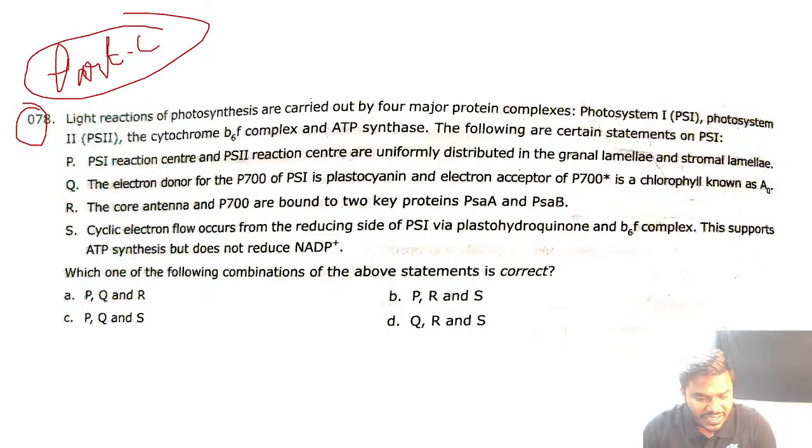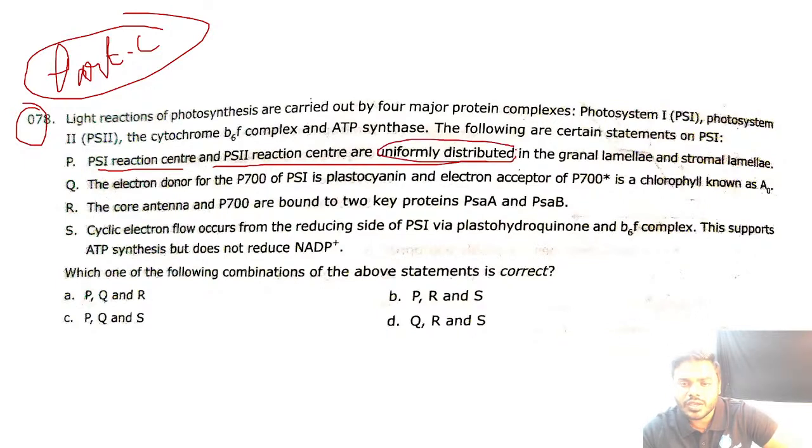My friends, just like this, you can answer this particular question. You only look into option P correctly. They said that the PS1 reaction center and PS2 reaction centers are uniformly distributed. Why are they both uniformly distributed in the grana and stroma? I think everyone gave the wrong answer. I don't know why. Just now I have explained very clearly, friends.